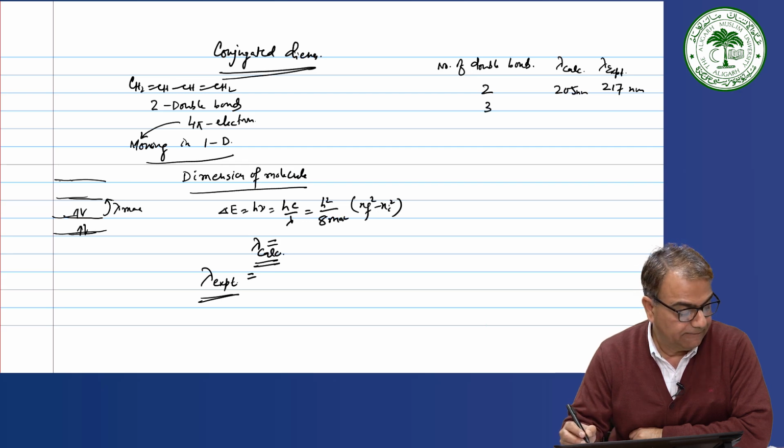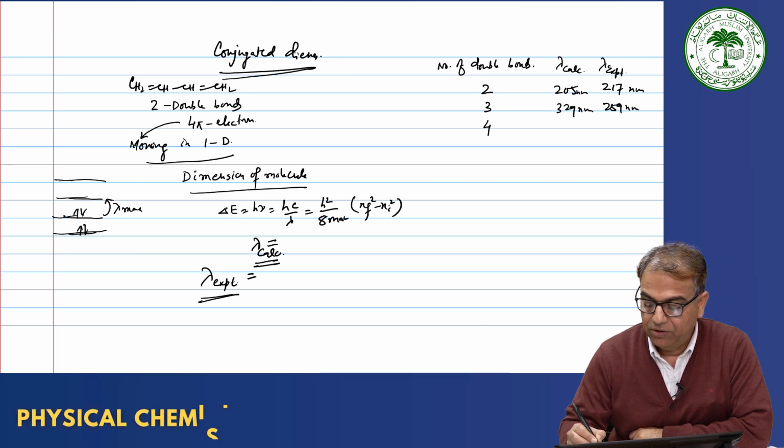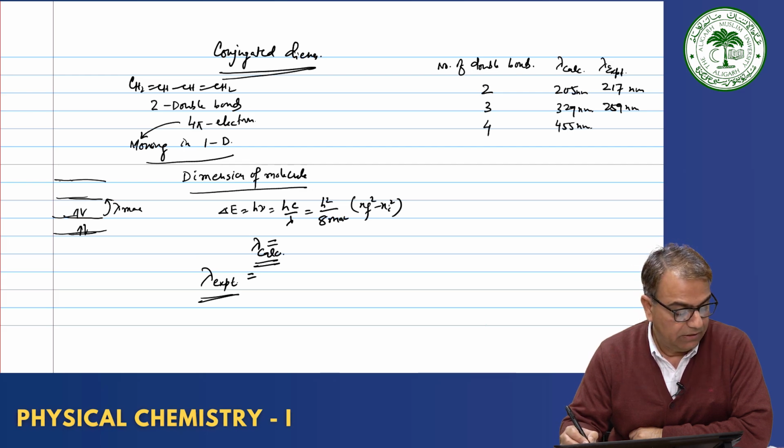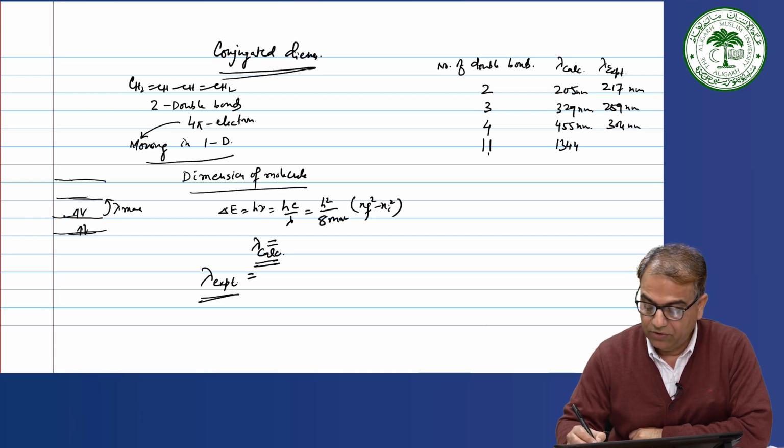If you have 3 double bonds, then 329 is the calculated value and the experimental value is 259. If you have 4 double bonds, then 455 is the calculated value and the actual value is 304. If you go for a large molecule having 11 double bonds, then the calculated value is 1344 nanometer and the experimental value is 452 nanometer.